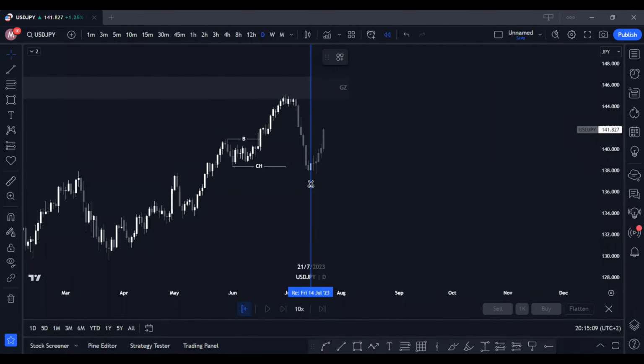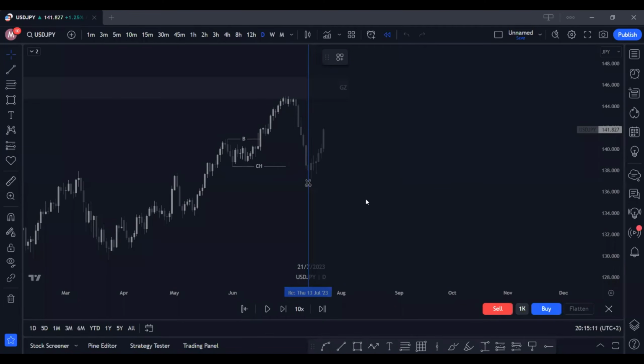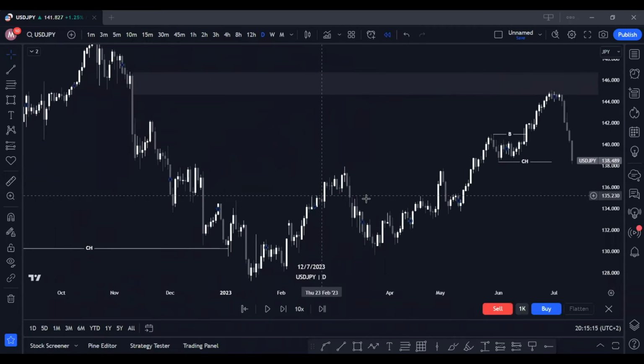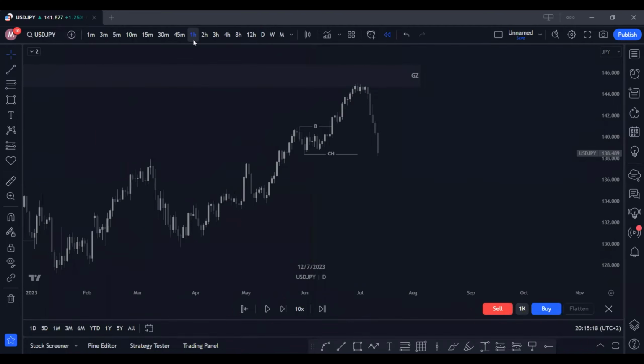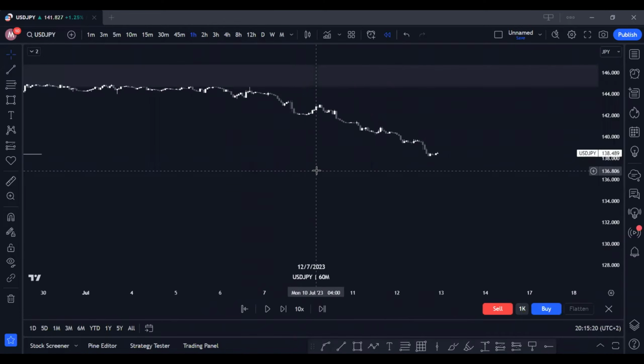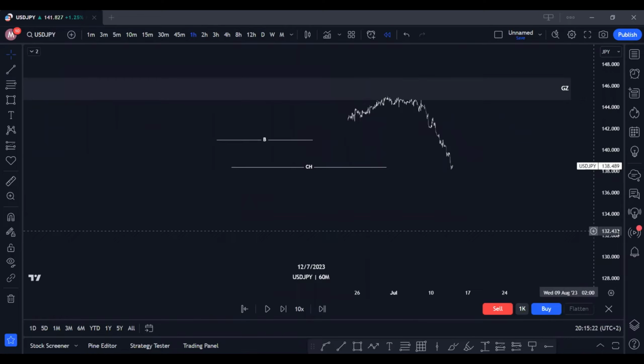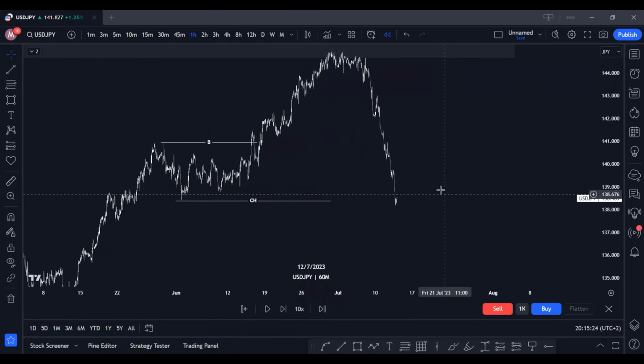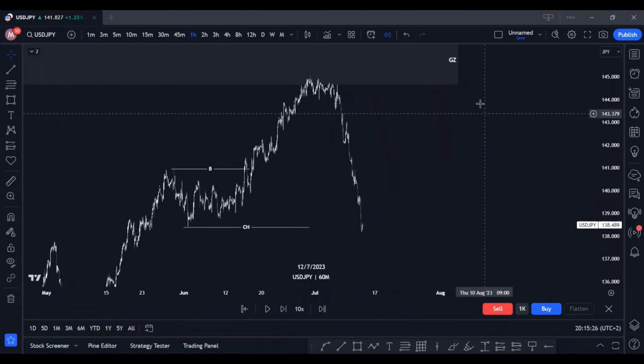Okay, so now let's just play price. Let me just take price back here and go to the lower time frame. So what happens if you miss the main entry, which is the higher time frame entry?